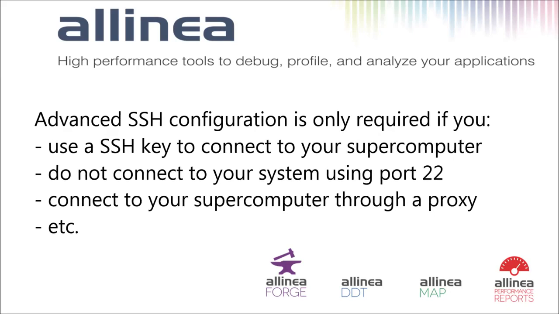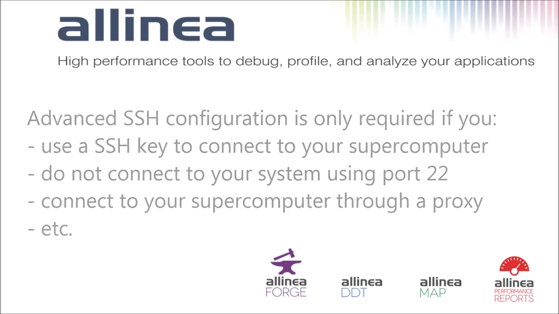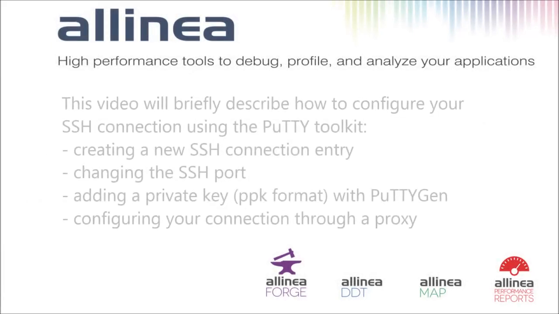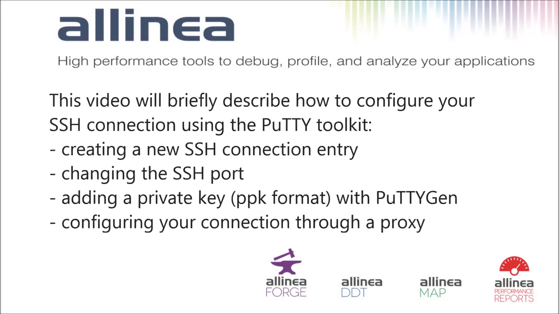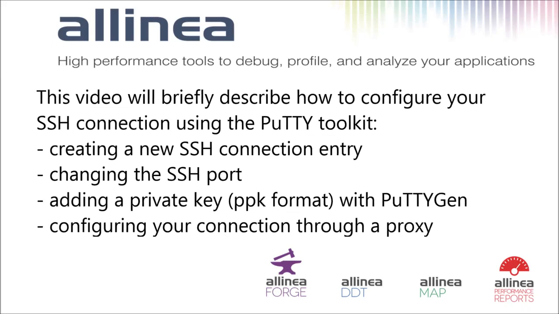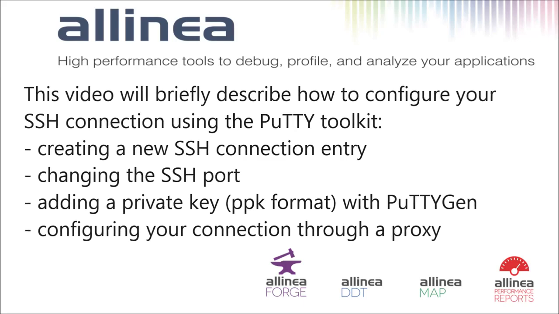In this particular case, advanced SSH configuration is required to use Allinea Remote Client on Windows. This video will guide you through these particular steps and will cover the topics that are most often asked, including access with the remote client through a proxy, the usage of SSH keys on Windows.